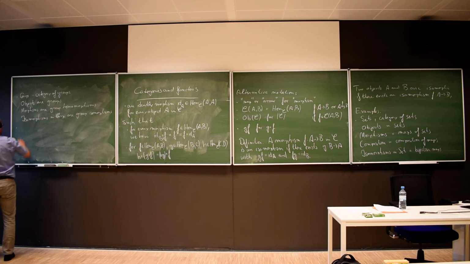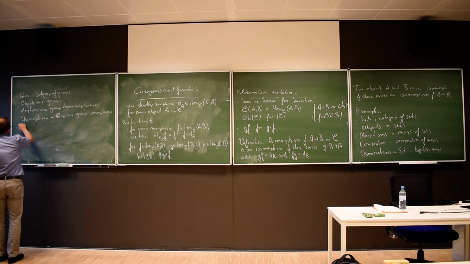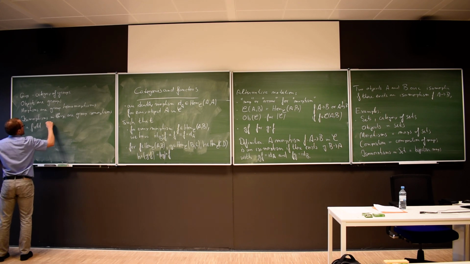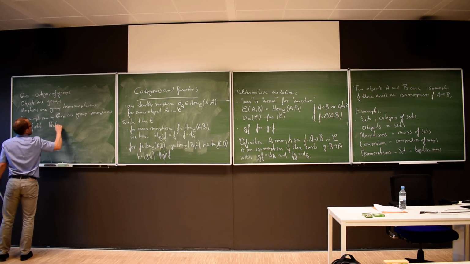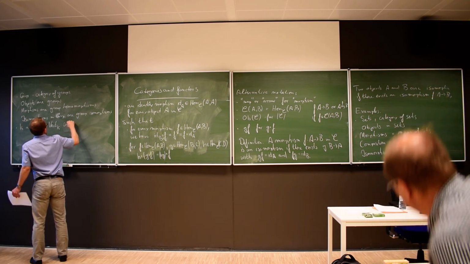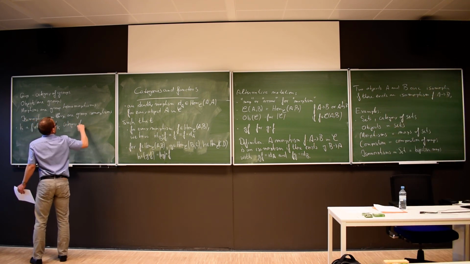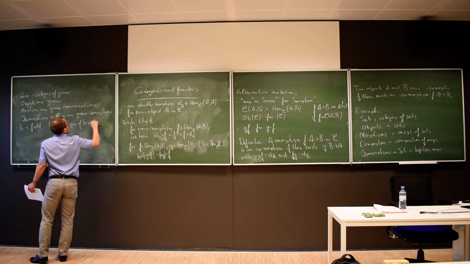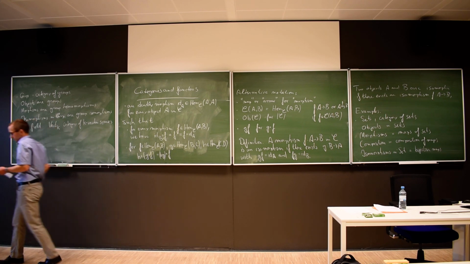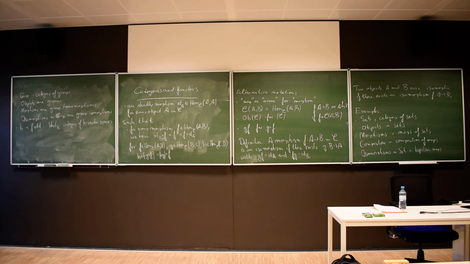Another useful category is the category of K vector spaces. When K is a field, then we get the category that I will denote by Vect K, the category of K vector spaces. So this is a category that is implicitly known from linear algebra.